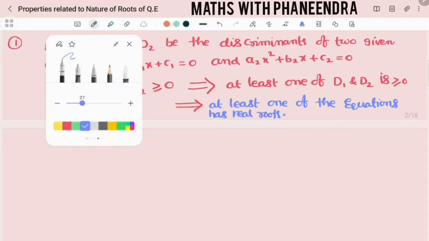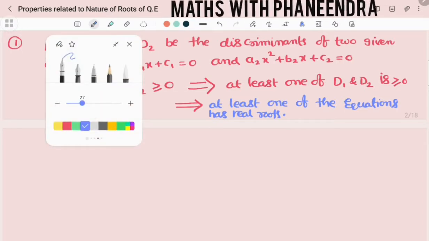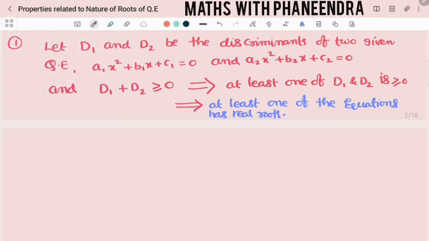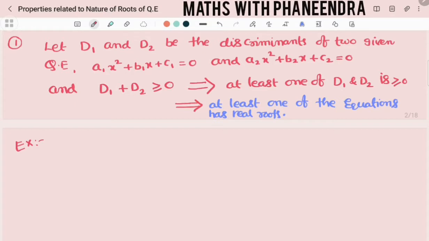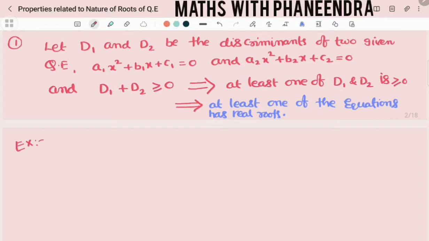I will give one example. Dear students, this is how they will ask the question related to this property 1.